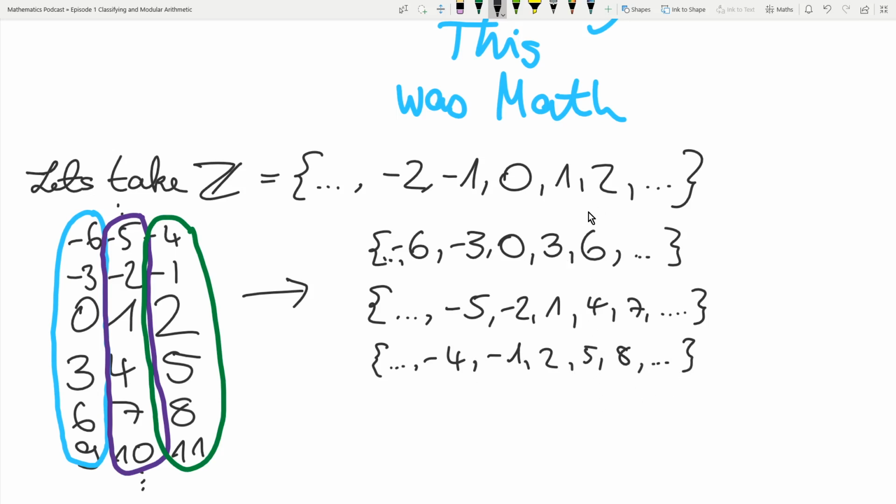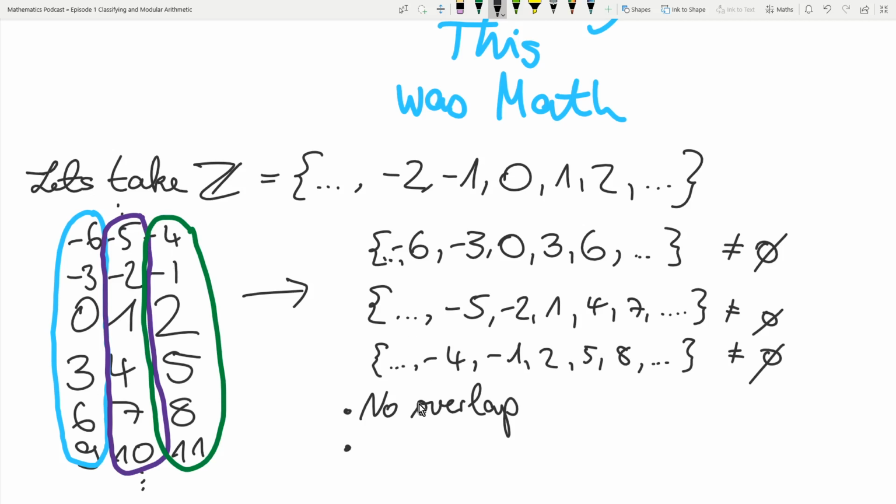Now we have to ask ourselves some questions. Is this not empty? Yes, this is not empty. Is there any number that appears in both of these? No. So, no overlap. And last but not least, is every single number accounted for? Well, I can find every single number that's here.